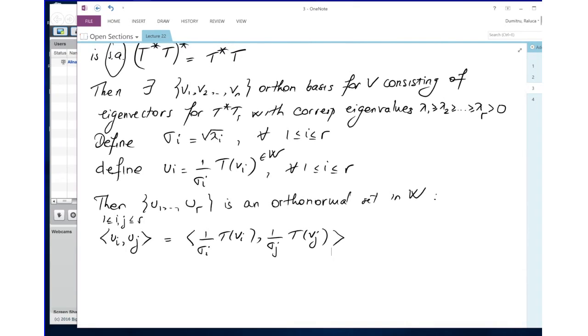Sigma i and sigma j were the square roots of those real numbers lambda 1 through lambda r, so we just pull them out of the inner product, and we get 1 over sigma i sigma j times the inner product between T of vi and T of vj.